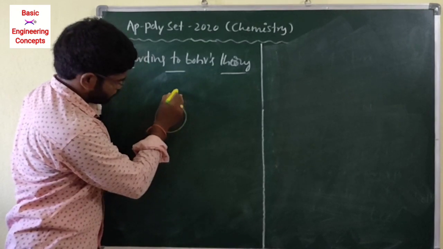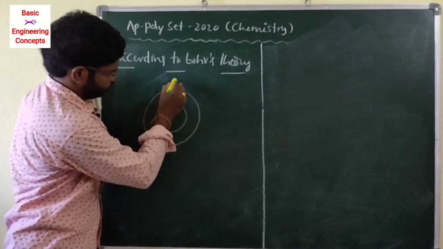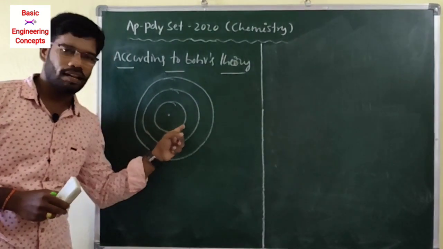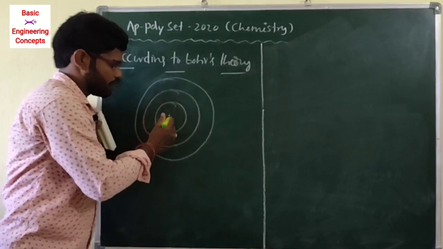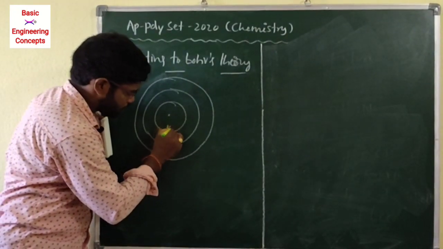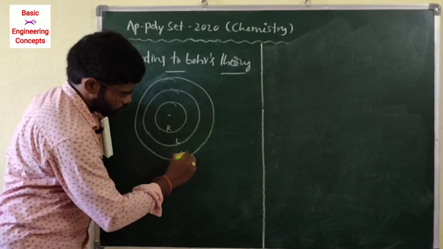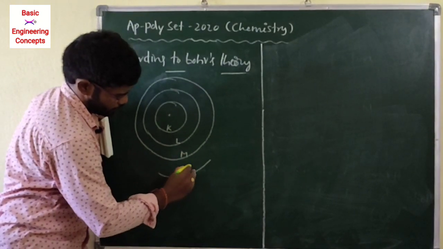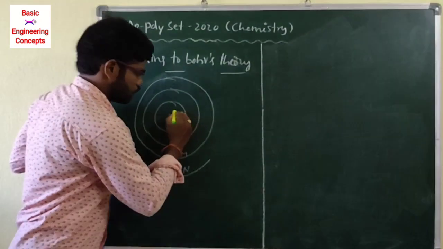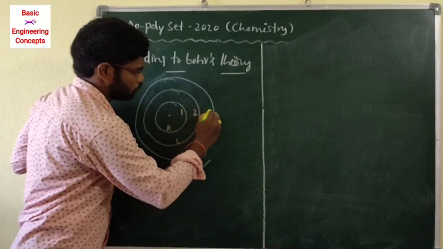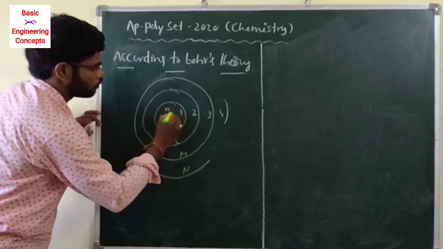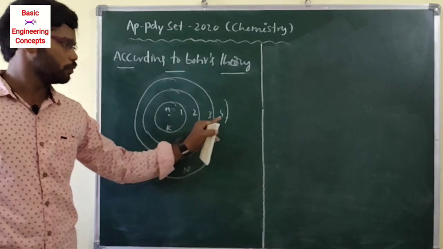This is the nucleus, and these are shells. What does shell mean? Electrons revolving around the nucleus are called shells. There are different shells: the first is the K shell, second the L shell, third the M shell, and last the N shell. They are denoted by the principal quantum number n, numbering 1, 2, 3, 4. So n equal to 1, 2, 3, 4.